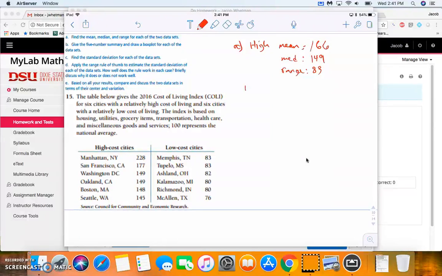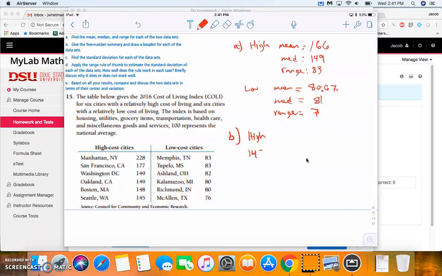Okay, and then when we look at the low costs, the mean here was about 80.67. The median was 81. The range was 7. So that gives us our mean, median, and range for the two data sets. Part B wants the data summaries. So for the high, I'm just going to put these in order.